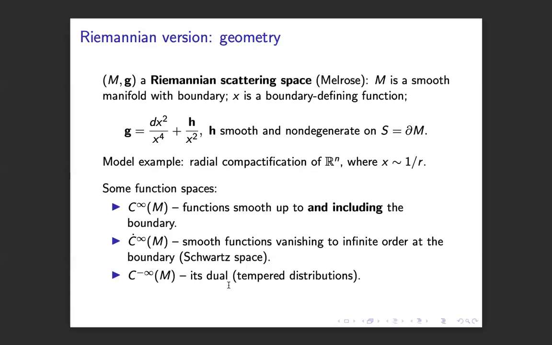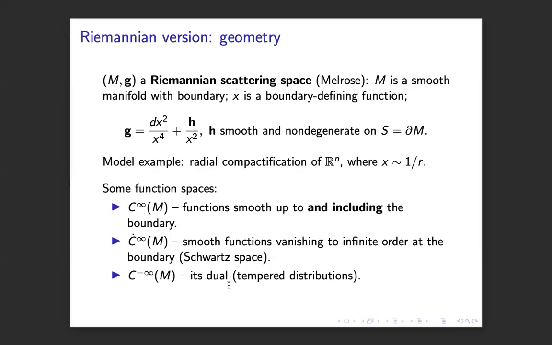Here x is a boundary defining function, which vanishes at the boundary, but vanishes simply there, so it vanishes to first order. And this tells you how the metric behaves at the boundary.